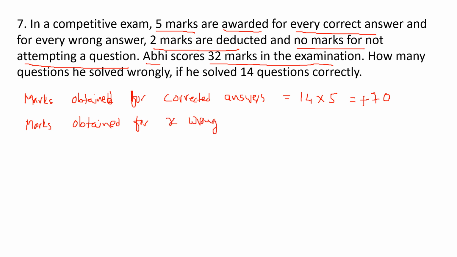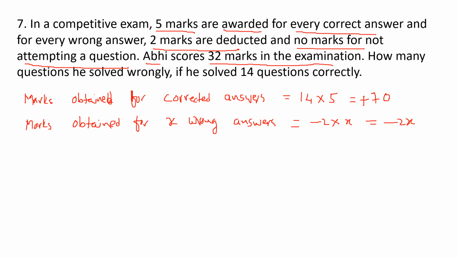I'm assuming that he did X number of questions wrongly, X wrong answers. So it is -2 multiplied by X, right? I can write -2x. It is like an algebra question. X will be introduced here.